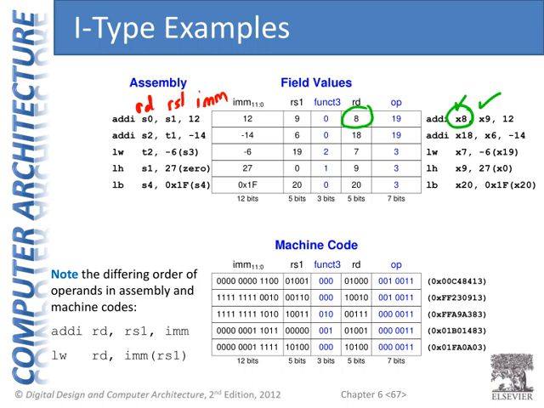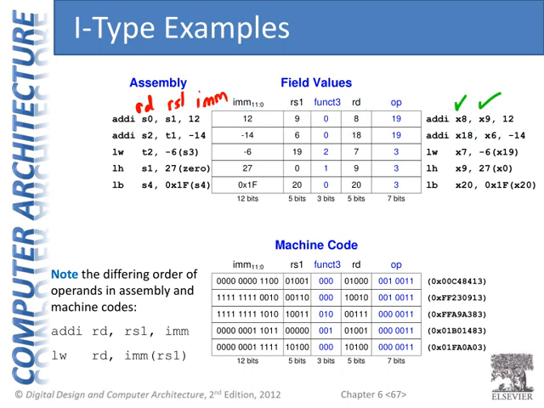That's our destination register. And we put the 5-bit representation of 9 into RS1. And then we put our 12-bit signed immediate into the 12-bit immediate field.